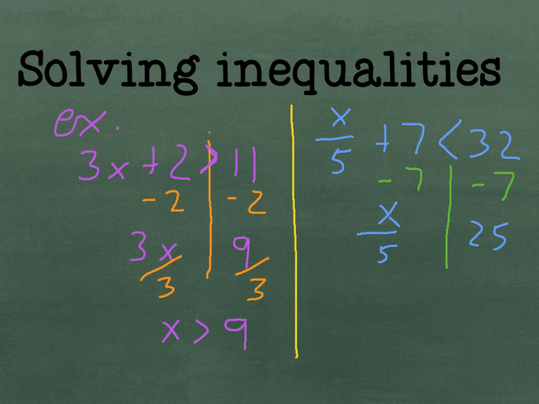Just like before, because it's x divided by 5, I'm going to multiply by 5 on both sides and finish with x and 125. But because I started with this symbol, that's the symbol I need to use at the bottom. X is less than 125. As long as x is any number smaller than 125, we could put it in place of x. Now I'm going to have you practice a couple of these.